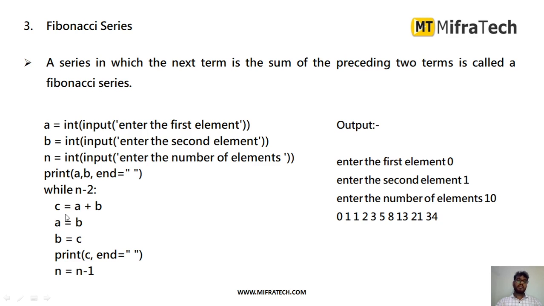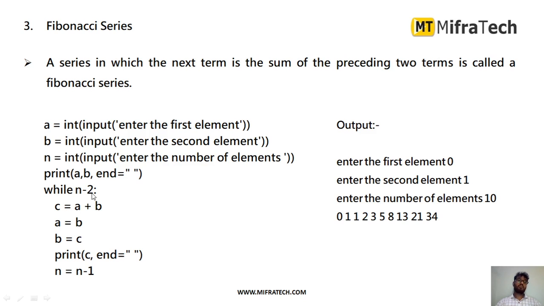So 8 means, first it will do c is equal to a plus b, it will add the first two elements, whatever elements you want. After adding that, whatever value is present in b, it will assign it to a, then whatever value is present in c will be assigned to b. Like that this process will continue until the condition becomes false.